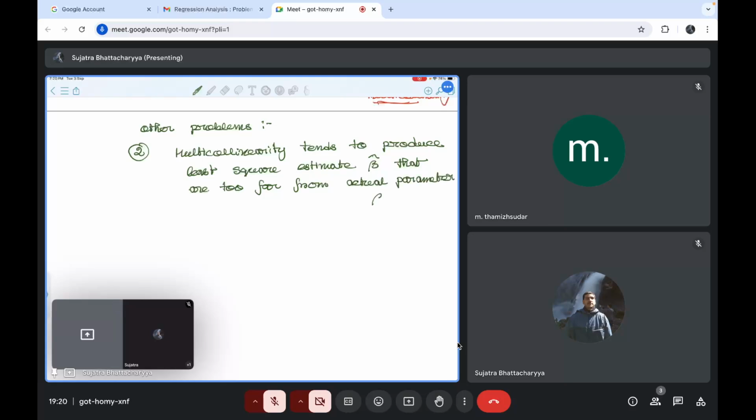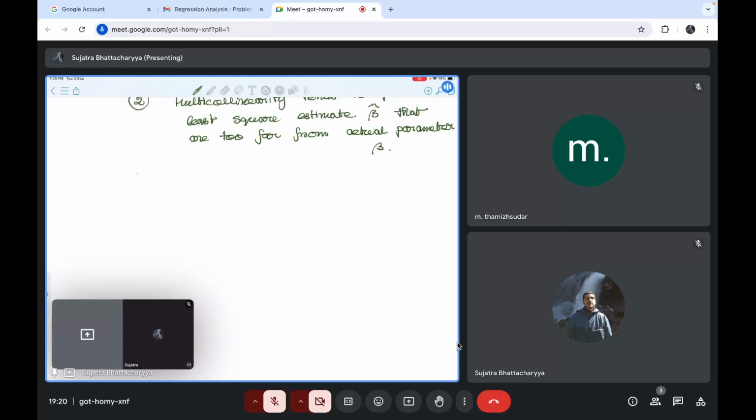Okay. So when we estimate beta hat in the presence of multicollinearity, beta hat becomes too far away from beta. This is the second problem. Third, your model coefficients come with a negative sign when a positive sign is expected.